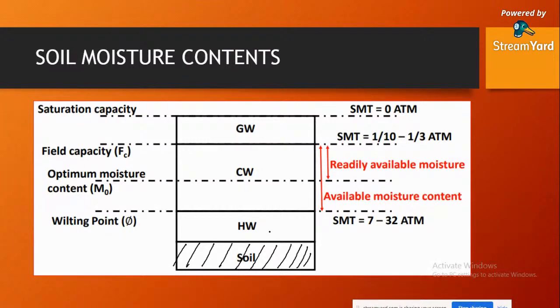That part of the water which is absorbed by the soil from the atmosphere and held so tightly with the soil particle that the plant root cannot utilize this water for its growth is called hygroscopic water.